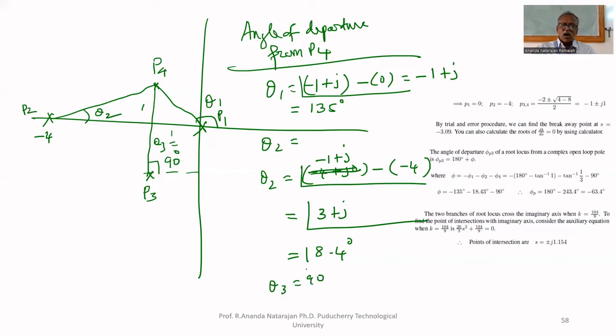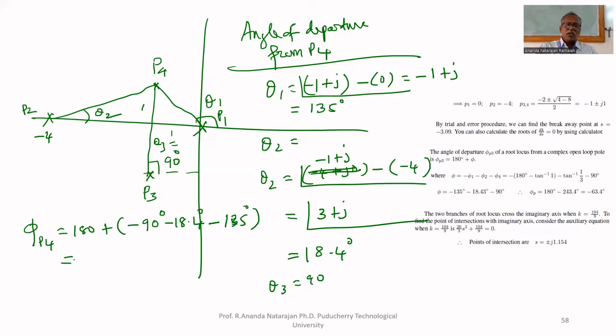So all are from the poles. That's why all negative. Therefore, phi at P4 equals 180 plus all these angles: minus 90, minus 18.4, minus 135. What is the net result?